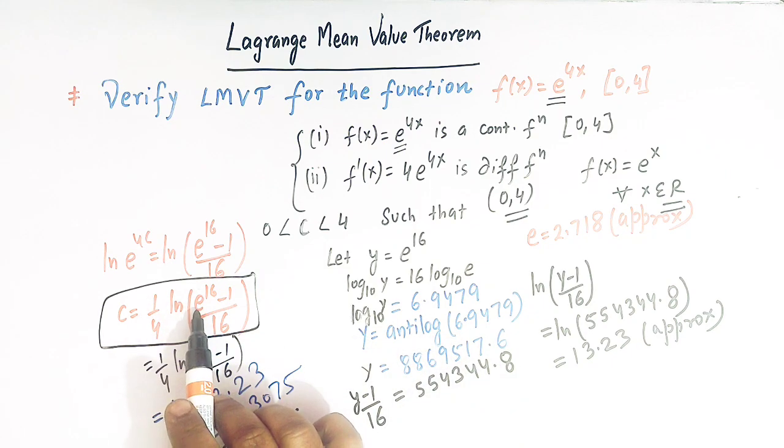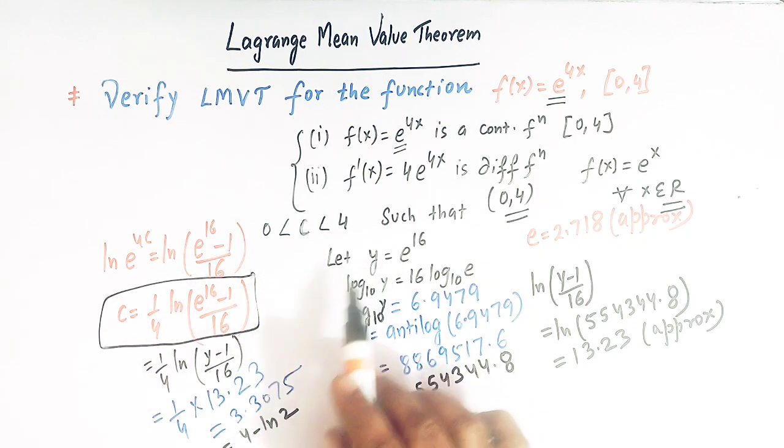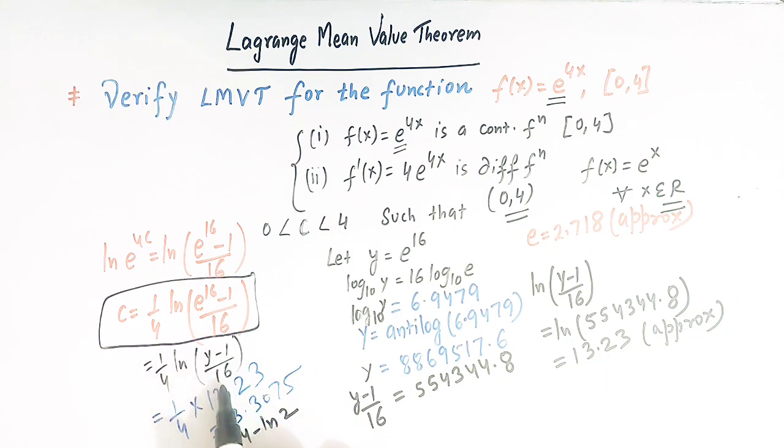We have taken e raised to 16 as y, so this is (y minus 1) over 16, right? We'll subtract 1 from this one, and then we'll divide the difference by 16, and then we'll get this number, 554344.8.